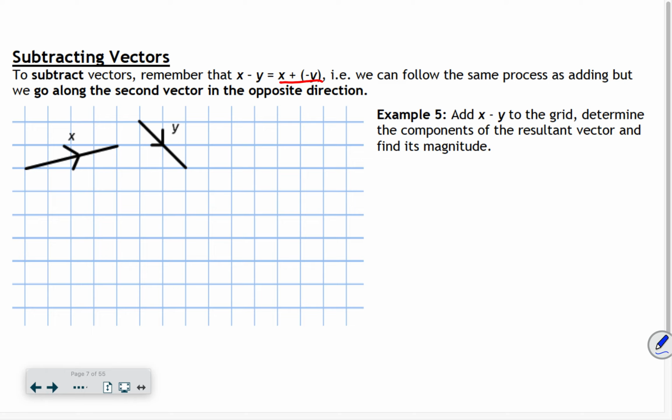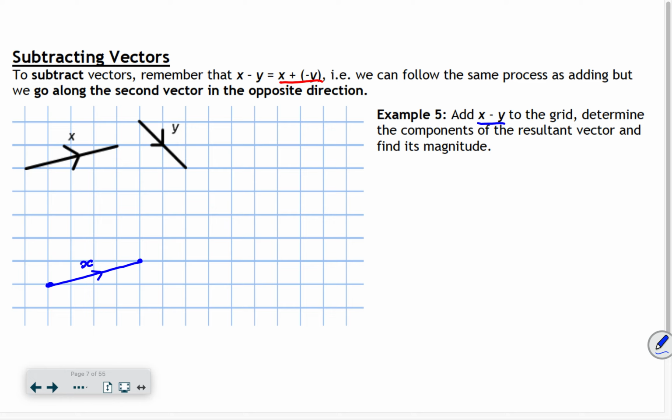So if I want to draw x minus y, we'll start by drawing vector x first of all. So I start here. So I go along 4 and up 1, which is vector x, and I'll draw that in. So this here is vector x. Vector negative y is the opposite direction to vector y.